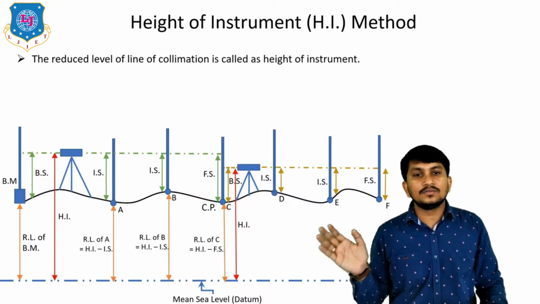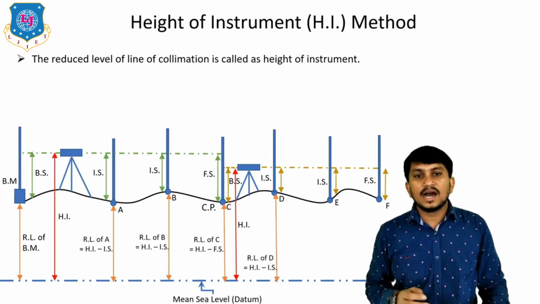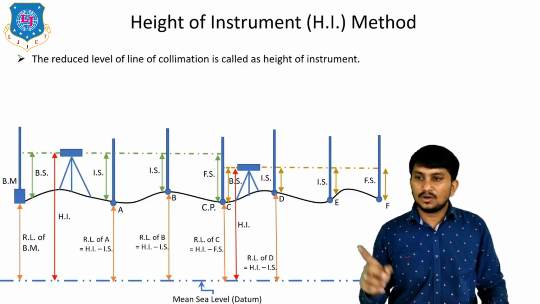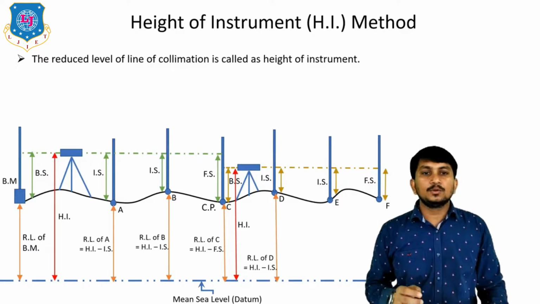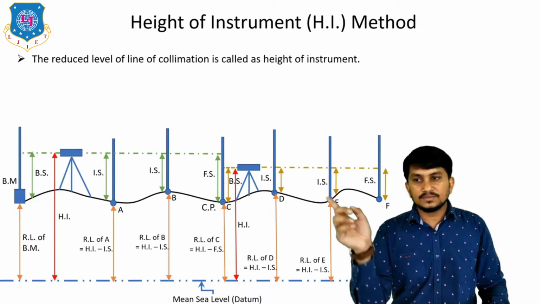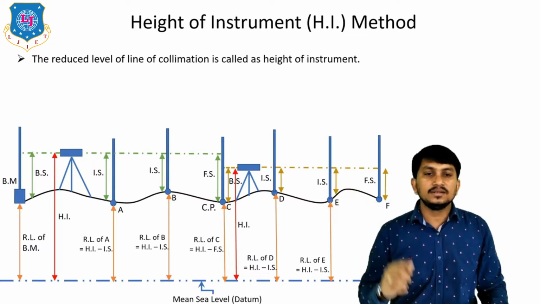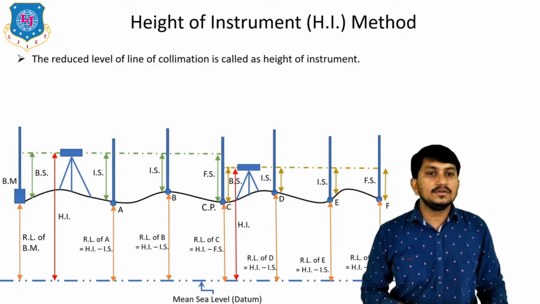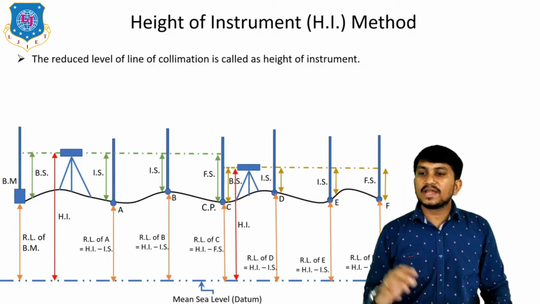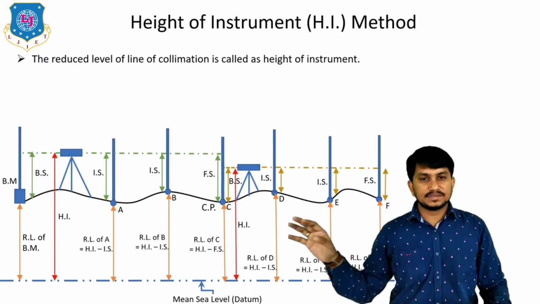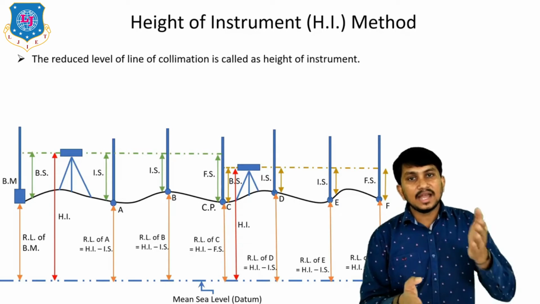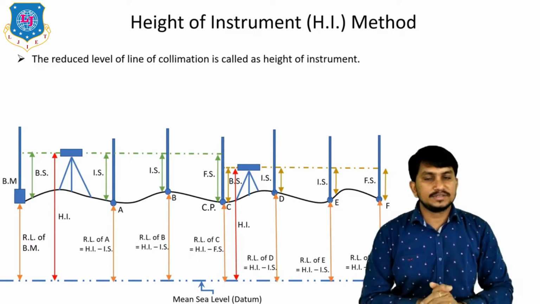After that, we can calculate RL of D, E and F. RL of D is calculated by HI of this second setup minus IS at station D. To find out the RL of E, we calculate it by HI of this setup minus IS at E. And to find out RL of F, we calculate it by HI minus FS. This is how we can calculate the RL of all points. This is the HI method, where HI is calculated first, and using HI we can calculate the RL of all points.